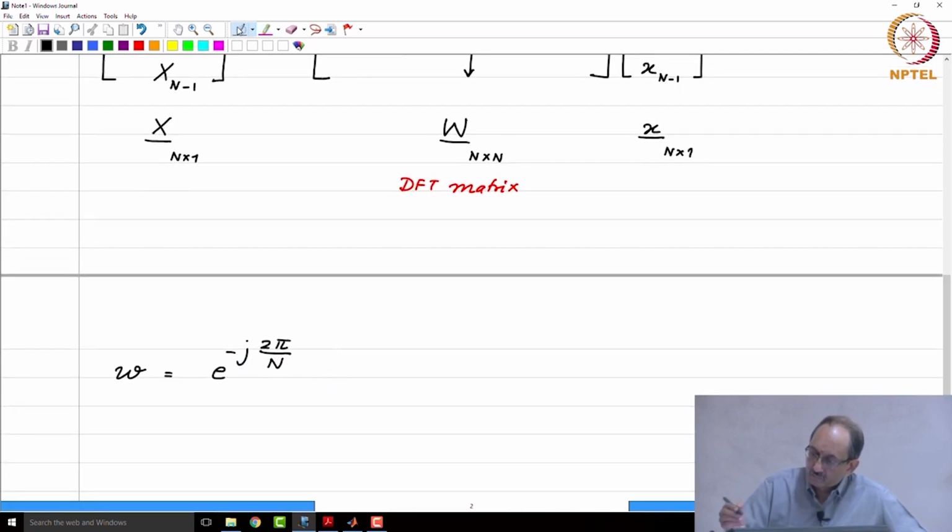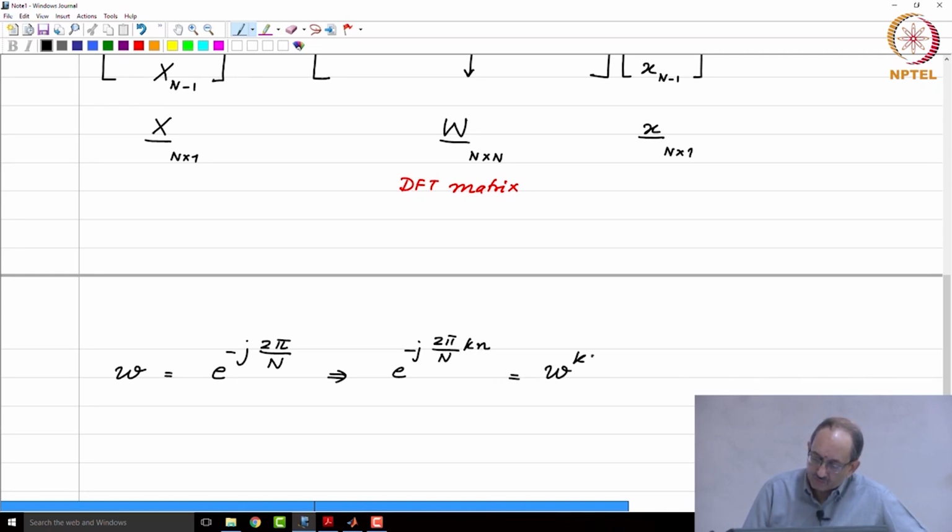So, this implies e to the minus j 2 pi by cap N times k n is really w power k n.